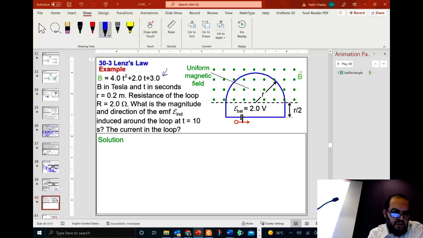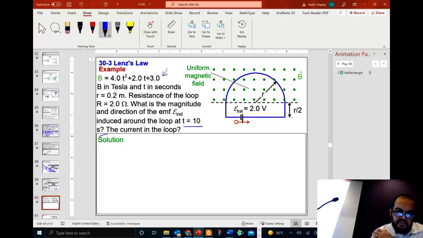So B is equal to 4t squared plus 2t plus 3. B is in Tesla and t is in seconds. The radius is 0.2 meters. The resistance of this loop is 2 ohms. What is the magnitude and the direction of the EMF induced around the loop at t equals 10 seconds?